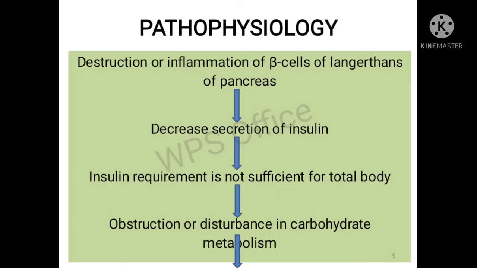Then in the pathophysiology, what will happen? There is destruction or inflammation of the beta cells of the islets of Langerhans of the pancreas, which decreases the secretion of insulin. Then the insulin is not sufficient for our body, and disturbance in carbohydrate metabolism will be there.